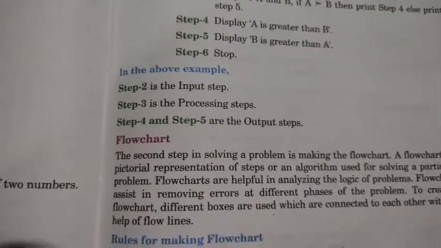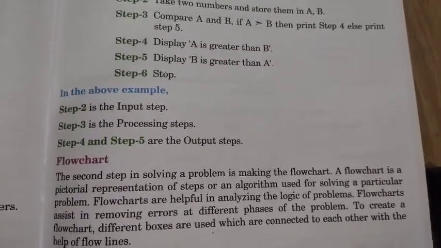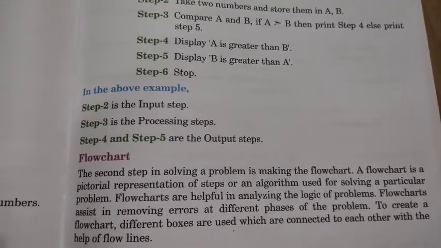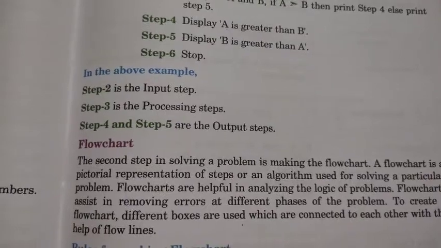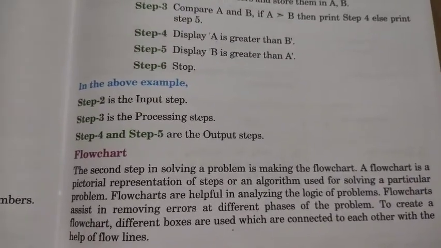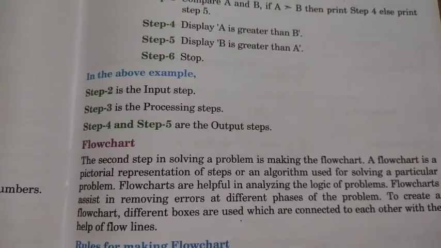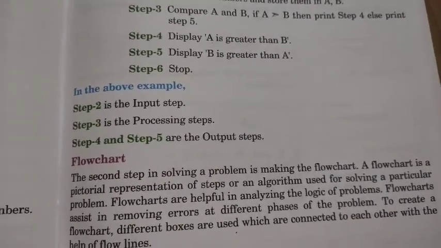Okay, so I hope you understood about the algorithm. Now we are going to learn about the flowchart. Algorithms and flowcharts are the same thing. In the algorithm we are writing step by step. In the flowchart, we are going to make pictorial steps.